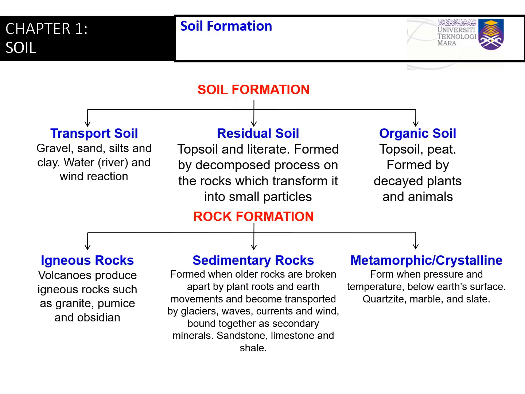Normally when they are bound together as secondary minerals, sometimes the bond is not strong. So the secondary rock tends to slide because it forms on the primary rock. For limestone, for example, we have caves on the highway from KL to the north, the Plus Highway.